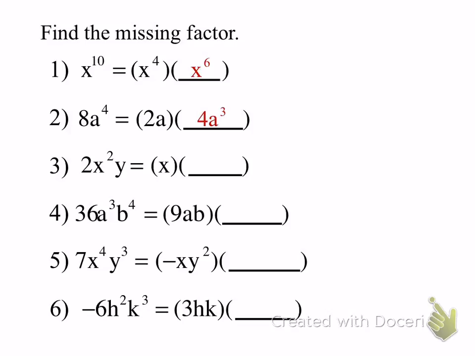What factor is missing, Cyrus? 2xy. Nicole, what factor is missing? 4a squared b to the 3rd power.